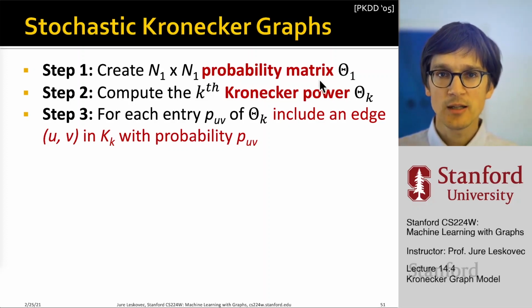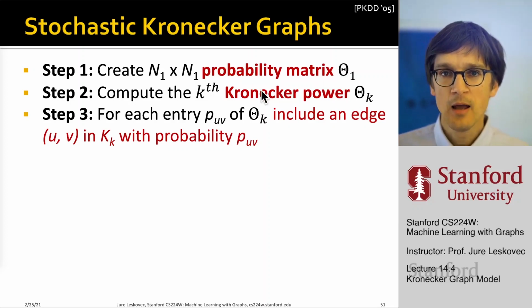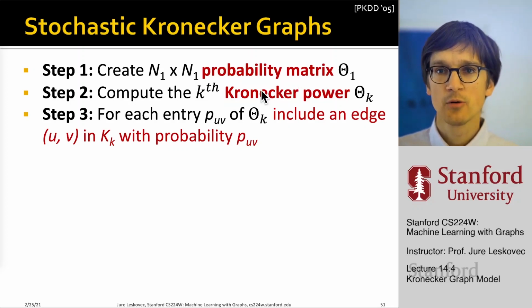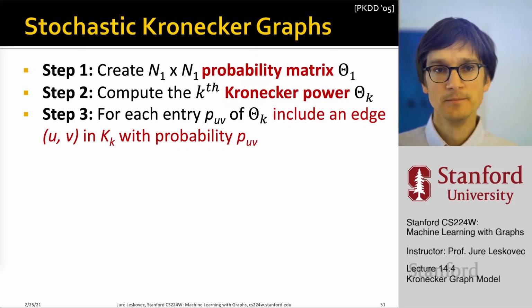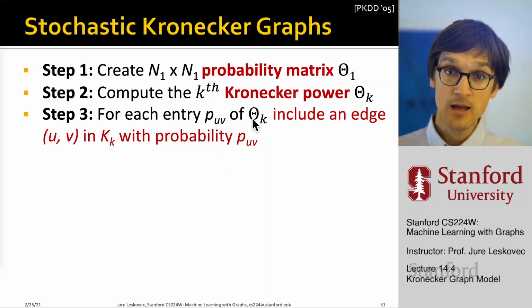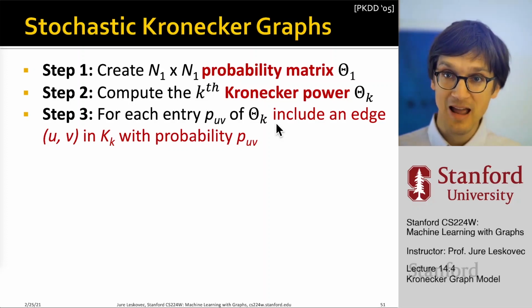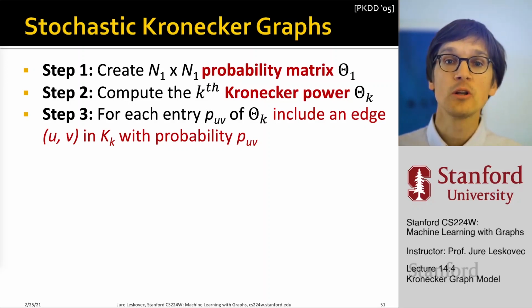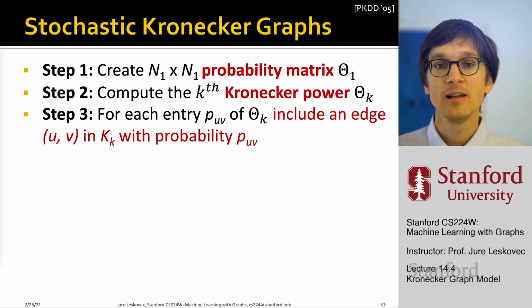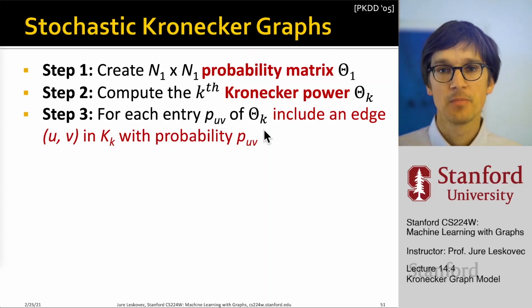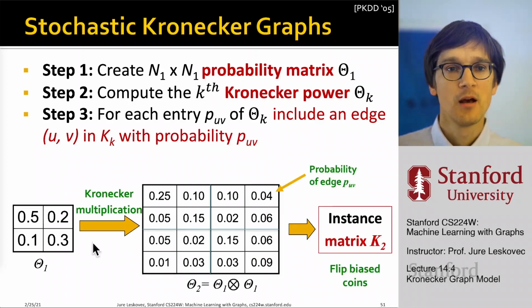Then we are going to take this theta 1 and apply Kronecker power to it. We are going to Kronecker power it with itself to get the kth power. And then now that we have this probabilistic adjacency matrix K, we are going to sample edges from it at random according to the probabilities defined in this matrix. So let me give you a picture that will explain what I mean. The idea is I start with some initiator matrix.